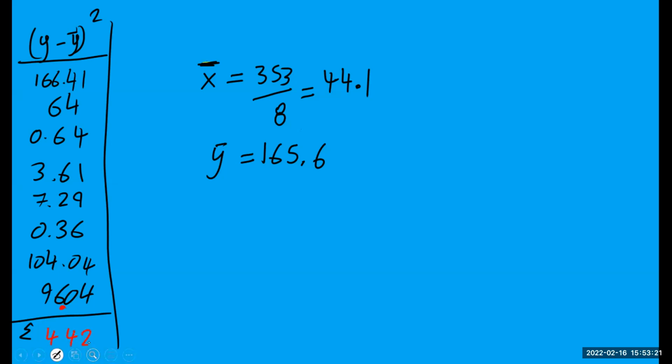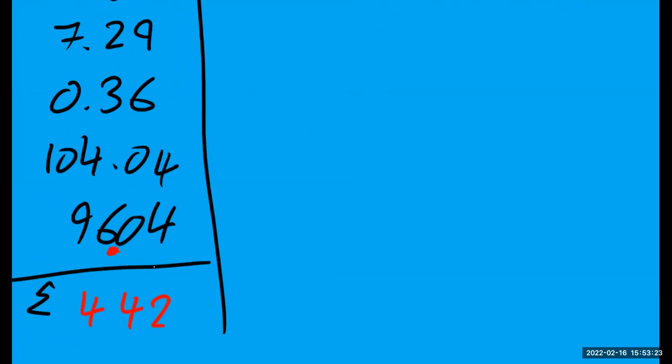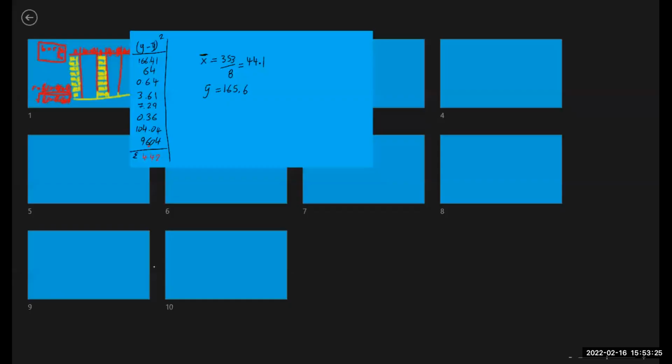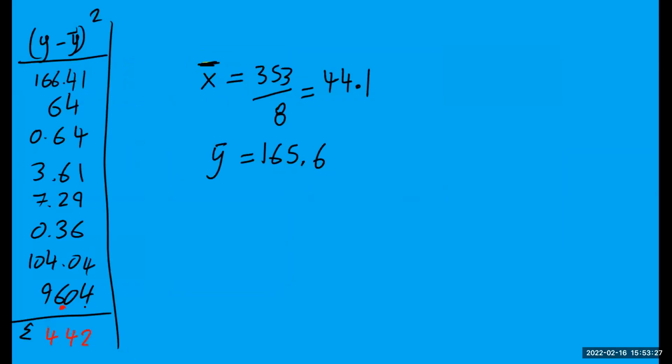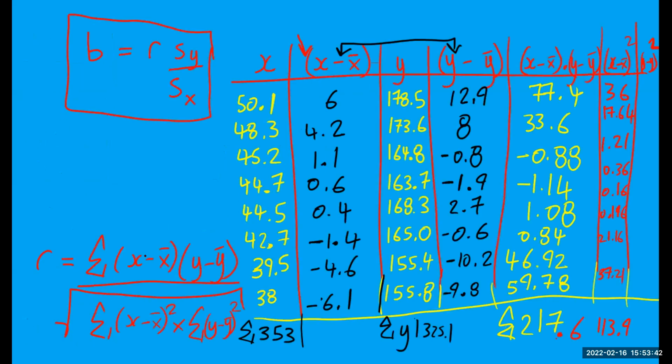So that's 442.39. Let's just put 0.4. So now in that case, we can go ahead and work out R. Now we can write down that R is the sum of x minus bar x times y minus bar y.